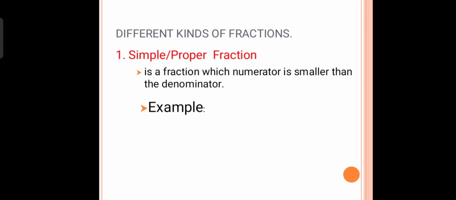Example, 1/2, 3/4, and 5/7. Look at the numerators. 1 is smaller than 2, 3 is smaller than 4, and 5 is smaller than 7. So, if the numerator is smaller than the denominator, then that fraction is called a simple or proper fraction.